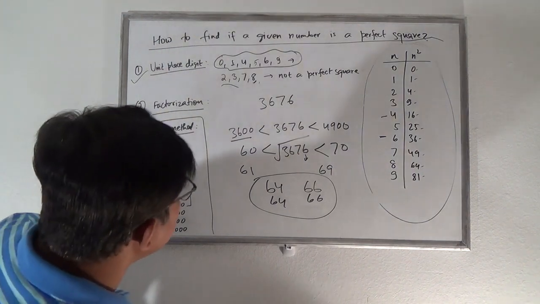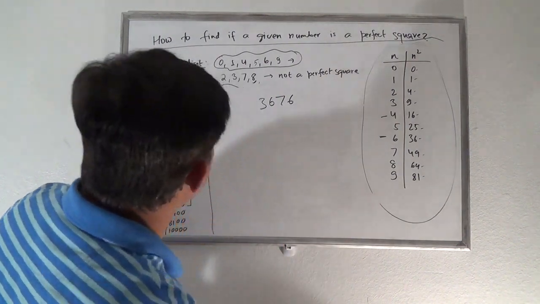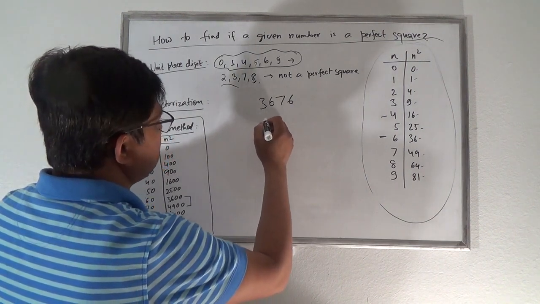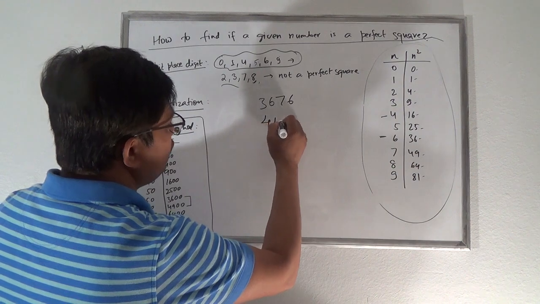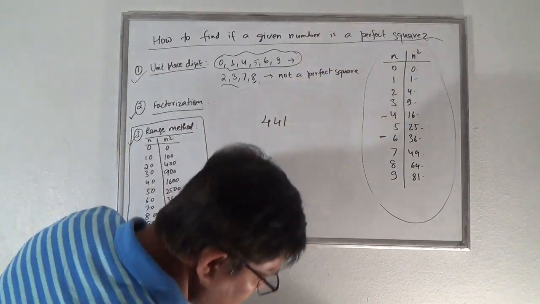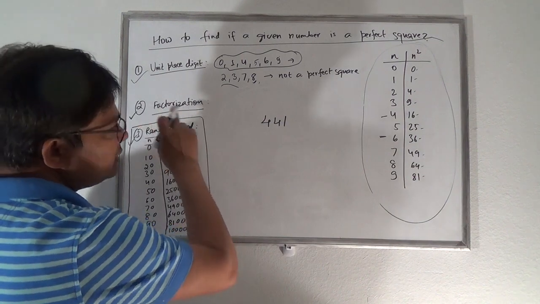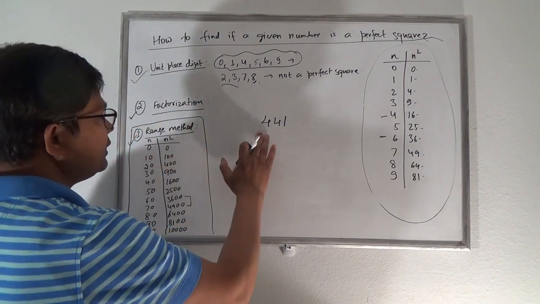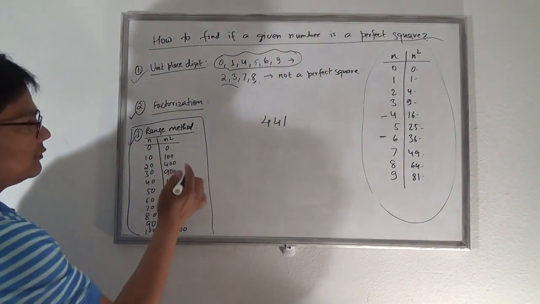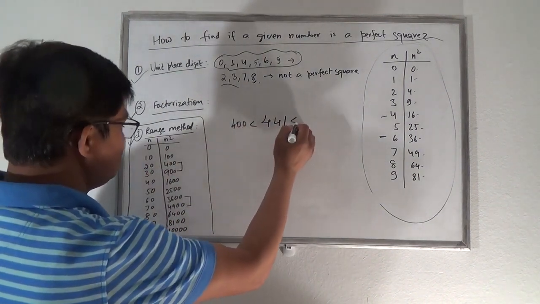Now let's look at another example, the one we know. Let's try 441. I think it's 21. Now you can apply prime factorization, that's fine, but what is the quickest way? Range method. So 441 will be between 400 and 900.